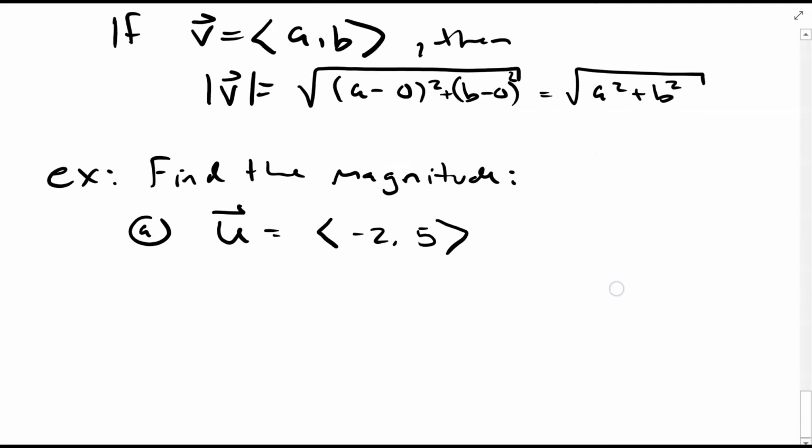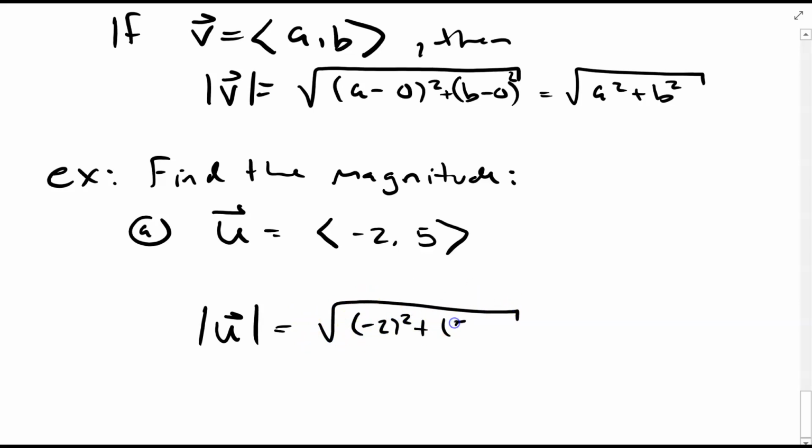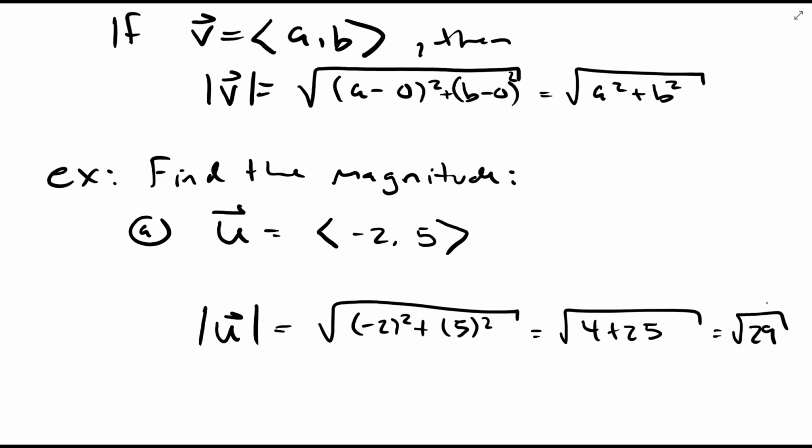So let's say I want to find the magnitude of the vector u that's written in component form, -2, 5. Well, it's not too bad. -2 squared is 4. 5 squared is 25. 4 plus 25 is 29.